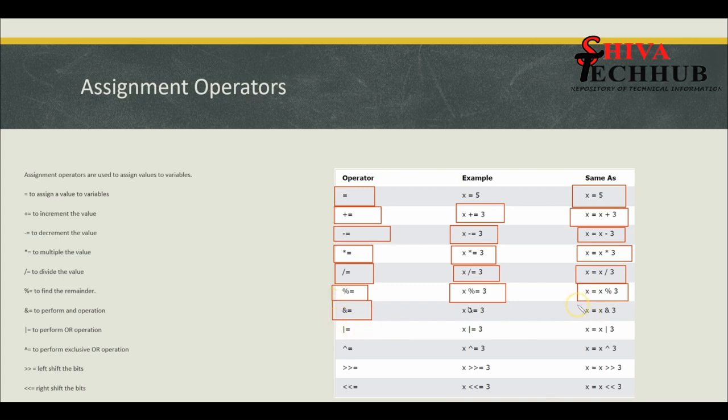These operations, all the ones you are seeing, are normally performed on the binary equivalent of a decimal number. Let me explain with an example. For example, x equal to 5 is the decimal representation of a number.